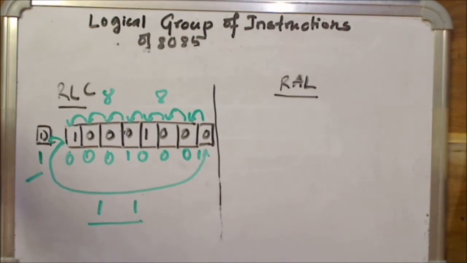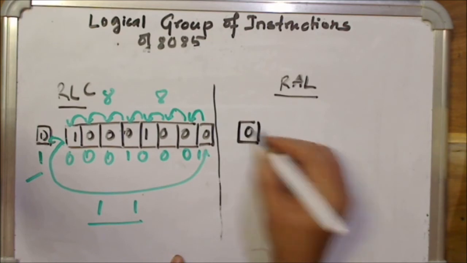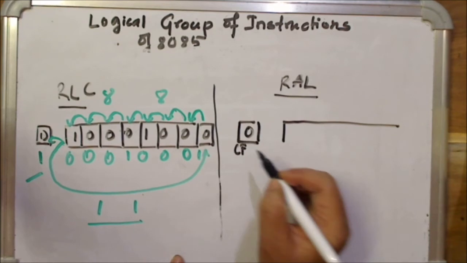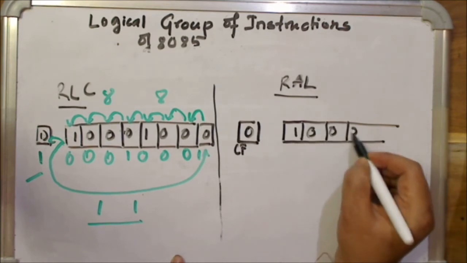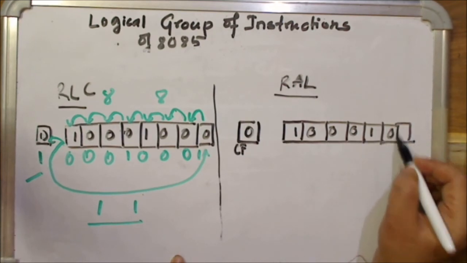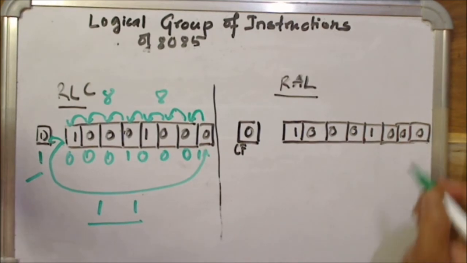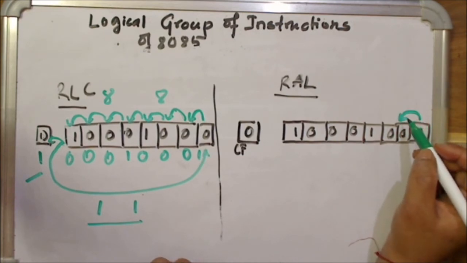Now the same status I am taking here. This 0 is your carry flag, and this is your accumulator, 1 0 0 0 1 0 0 0. Now I am writing RAL. Again each bit will move one position to the left.